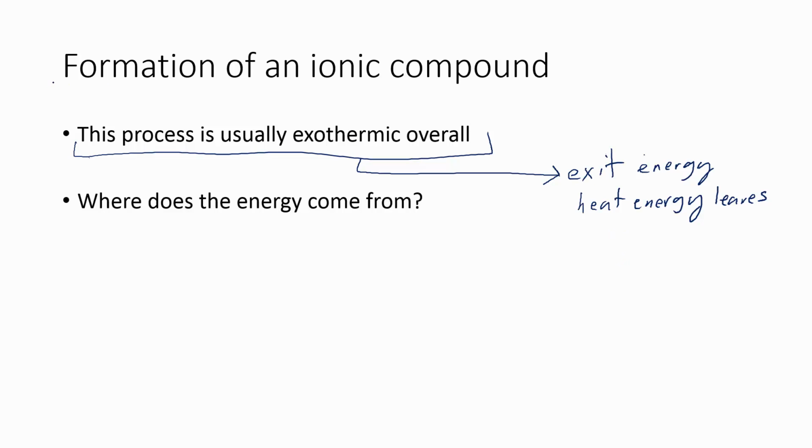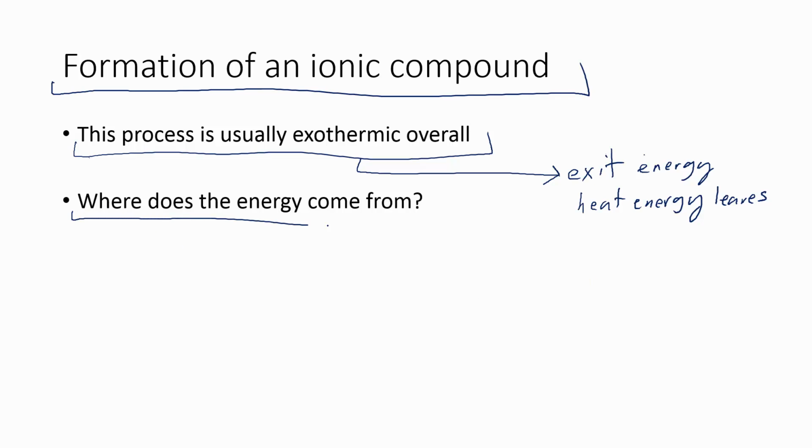and if it happens from the formation of an ionic compound, then that energy has to be coming from somewhere. So where does the energy that's released when an ionic compound forms come from?